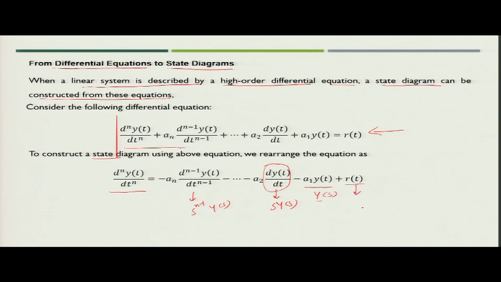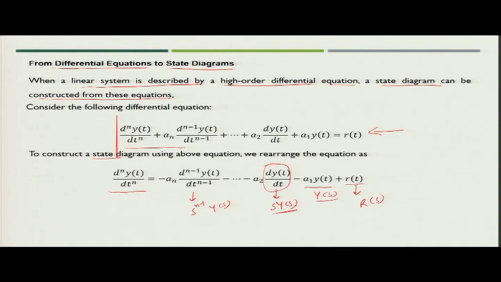This particular component we replace with the Laplace transform of r(t). So, we now have a total of n elements, with one forcing function on the right side. These are generally considered as nodes.